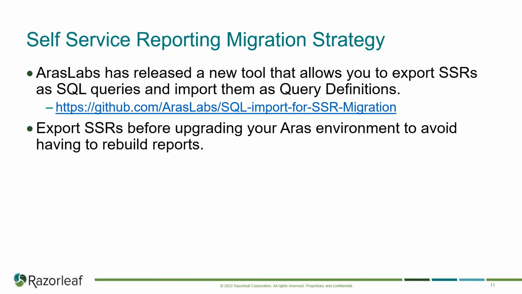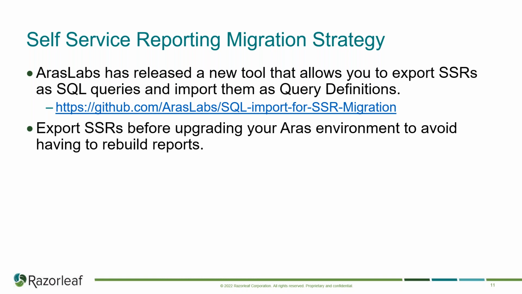And then following that, we have the self-service reporting sunset. So keep in mind, if you're upgrading from a version that is older than release 31, and you're making use of self-service reports, those are sunset. That application is removed from subsequent releases post 31.